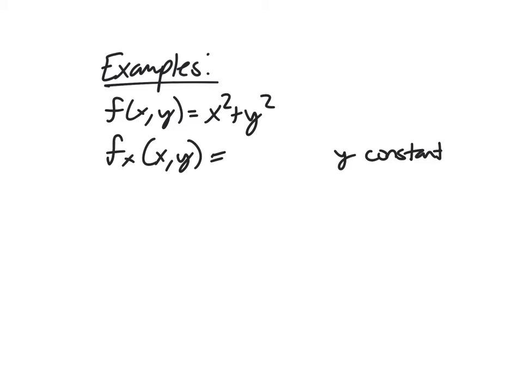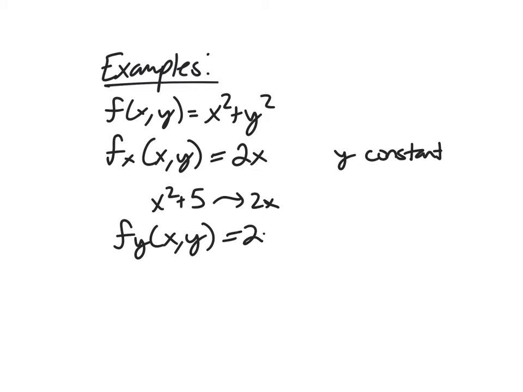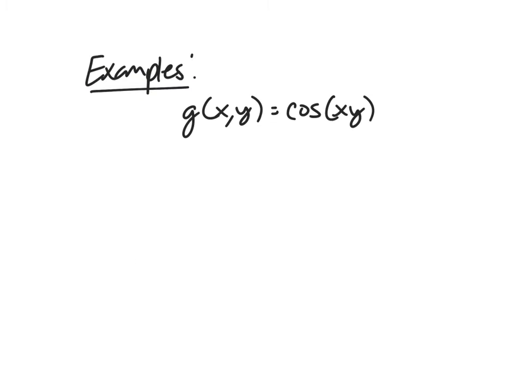If you saw, for instance, x squared plus 5, you would say its derivative is 2x. Well, y squared is just a constant, so treat it like 5 here. This is just going to be 2x. And then similarly, when you take the derivative with respect to y, you're going to get 2y because you are holding x constant.